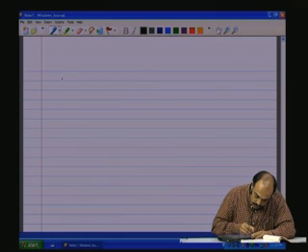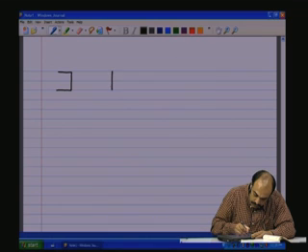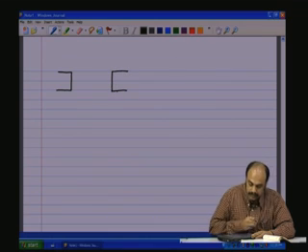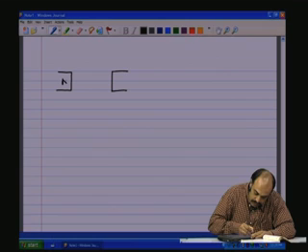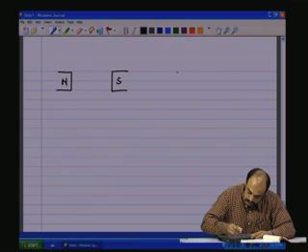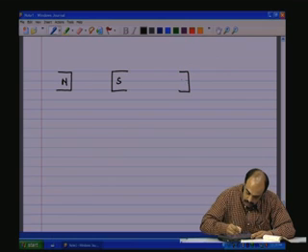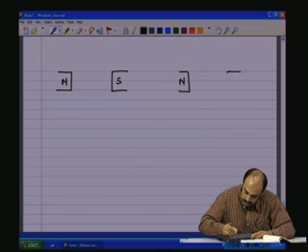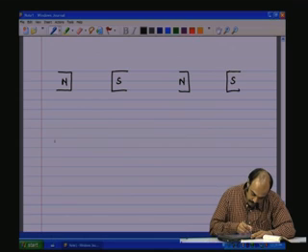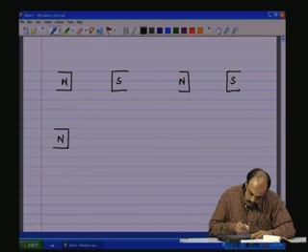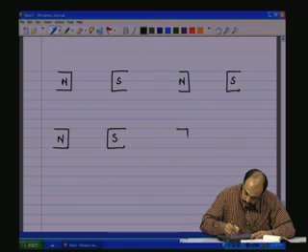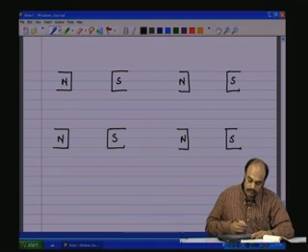Let us draw the 4 possible modes in 2D, so that you get a good idea. This is north, this is south, the north pole, south pole, the north pole, south pole, the north pole and the south pole.